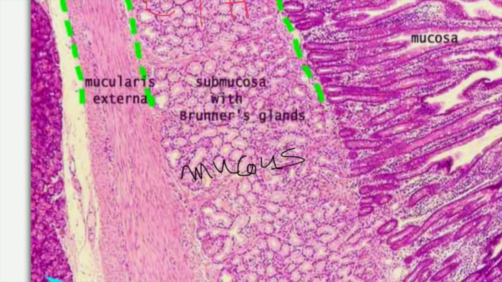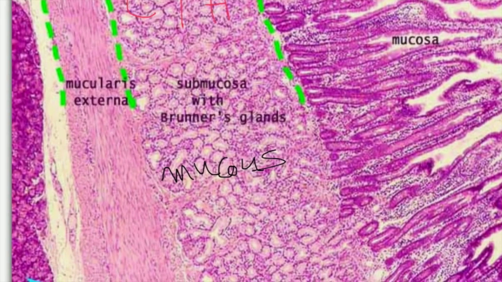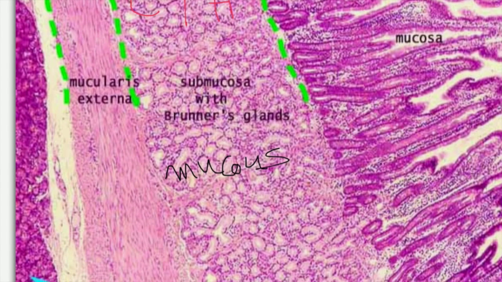Of course, you remember that the submucosa in general contains the Meissner plexus of nerves, which regulate the function of the muscularis mucosa, while the Auerbach plexus is present between the inner circular and outer longitudinal and controls the function of the musculosa.